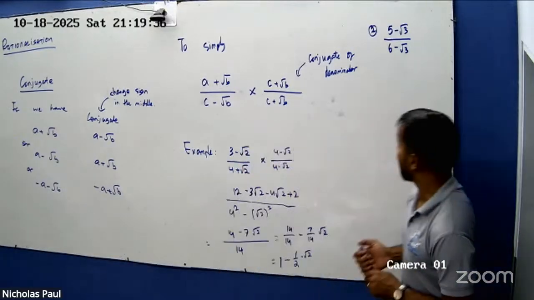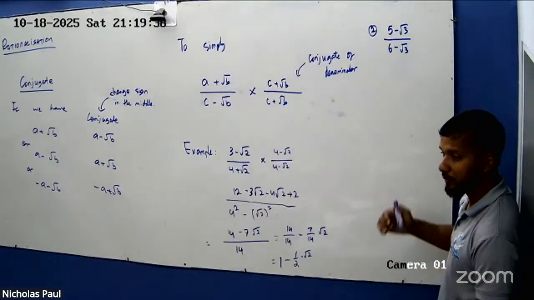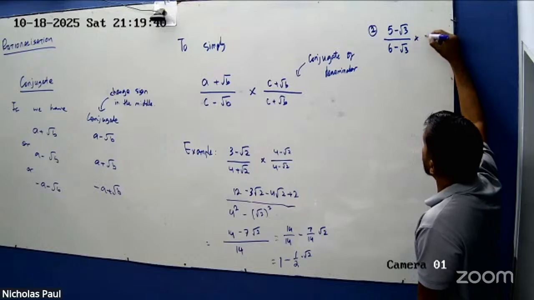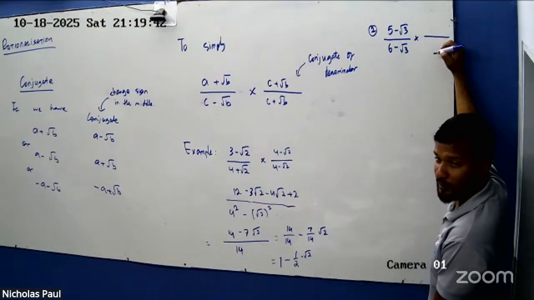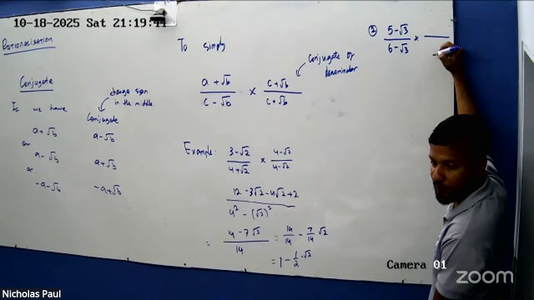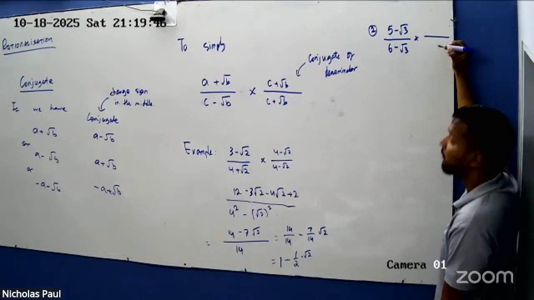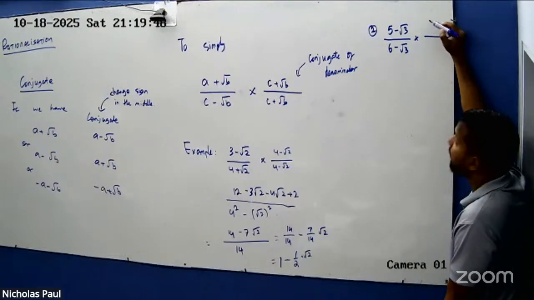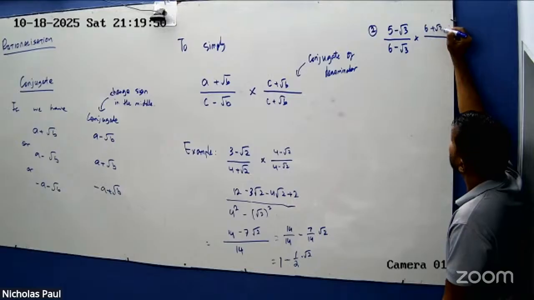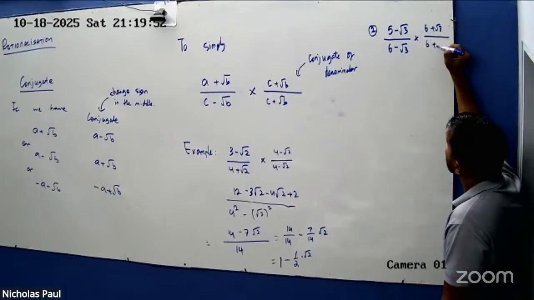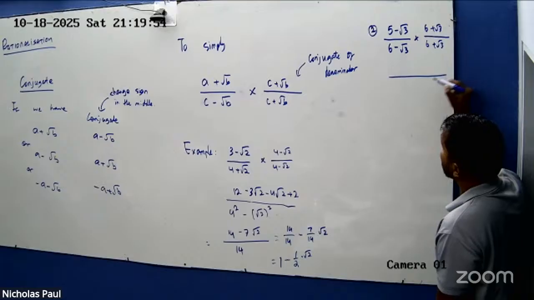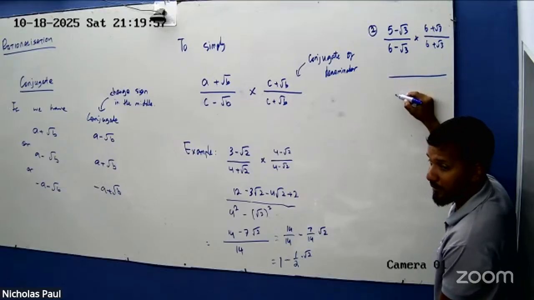Right, some people are having trouble, so let me help you out a little bit. So you're multiplying by what? 3. Right? Let me write the denominator now. The denominator is always what?